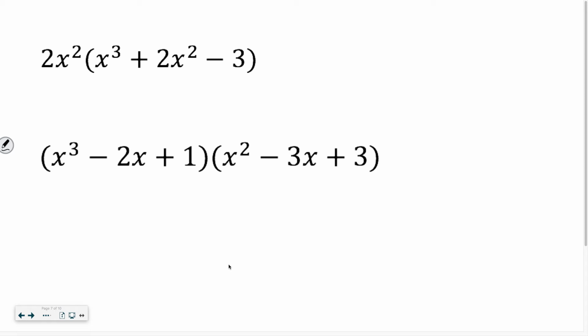How do you just do x squared times x cubed? When I wrote out x squared, that would be x times x. Wrote out x cubed, that would be x times x times x.